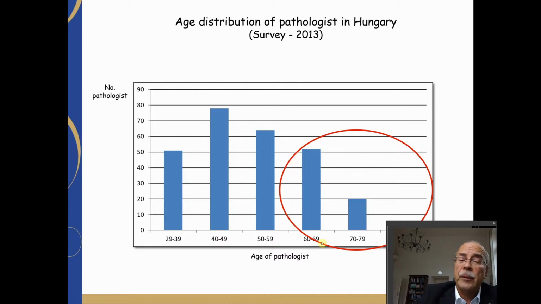Over 30% of the pathologists are over the age of 60, and a significant number of doctors are older than 65 years. So the question is, how can we maintain the surgical pathology service when we lose the doctors over the age of 65 in the routine diagnostic procedure?